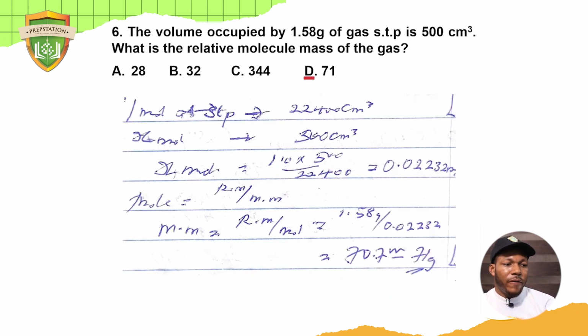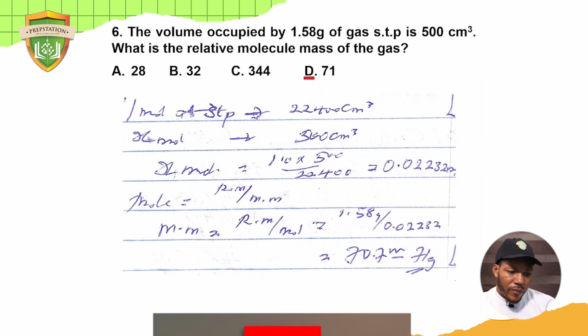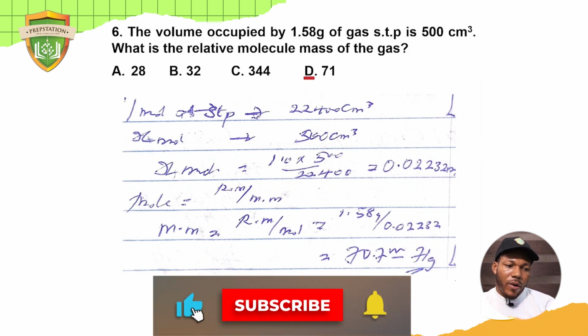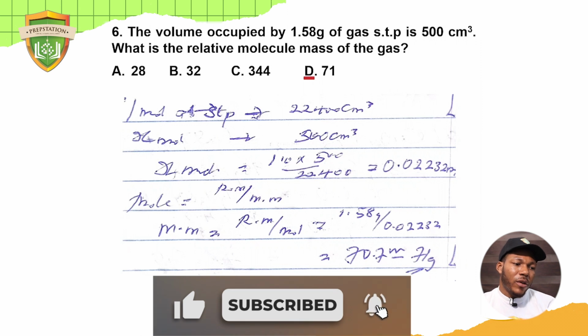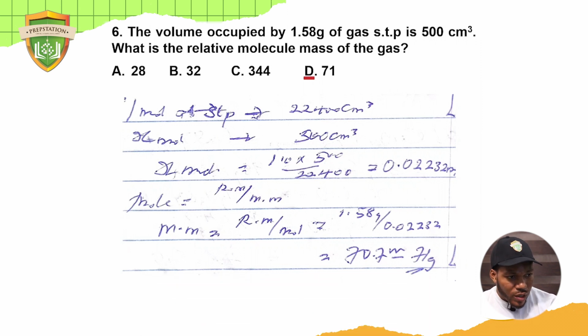Another example. Number 6: the volume occupied by 1.5 grams of gas at STP is this. What is the relative molecular mass of the gas? Here you must get the number of moles first before you talk of the molar mass, which is not given. So how do you do it? If 1 mole at STP contains 22,400, what will be the number of moles for 500?